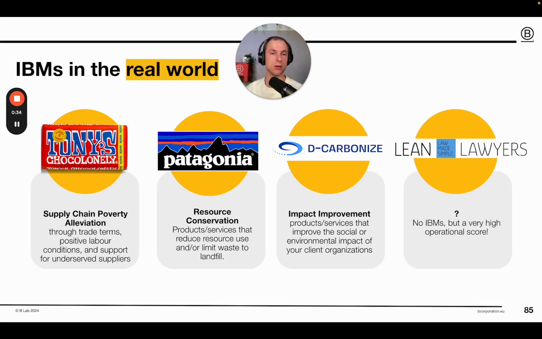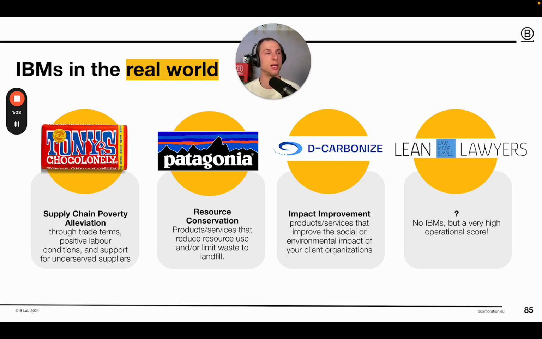Well, for those that don't know Tony Chocolonely, their mission is to eradicate slavery in the cocoa supply chain. And for the impact they make in that respect, they score points in this IBM because they use positive trade terms, labor conditions, etc., to make sure that these cocoa suppliers are being paid premiums and are being treated like equal trading partners.